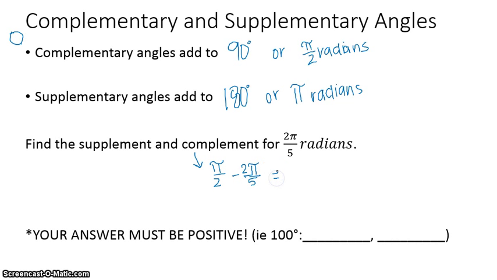If you need to, convert these so that you have a common denominator, which would be 10. So instead of pi over 2, I'm going to have 5 pi over 10. And this would be 4 pi over 10, which would leave me with pi over 10 radians. So that's my complement.